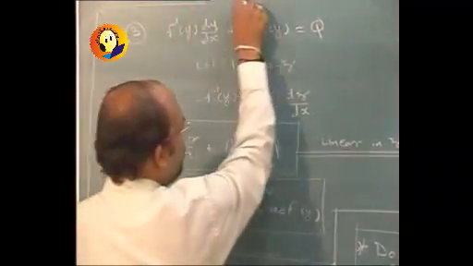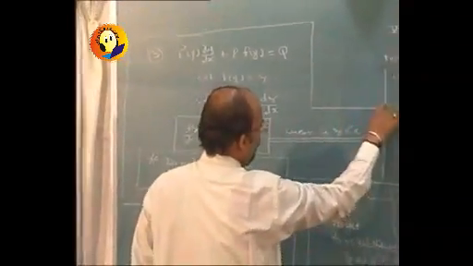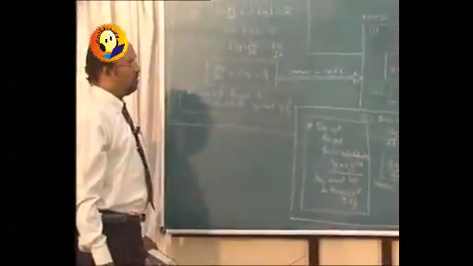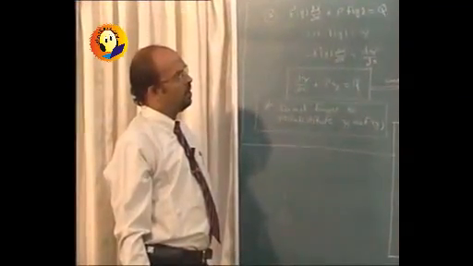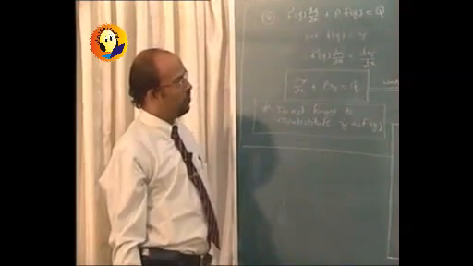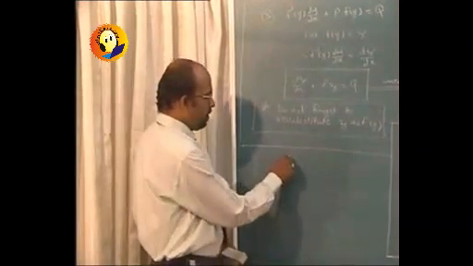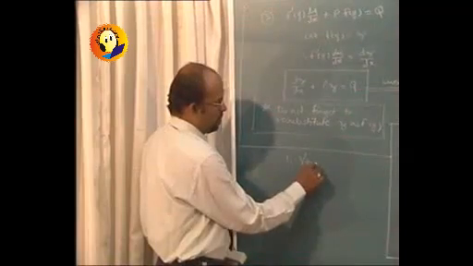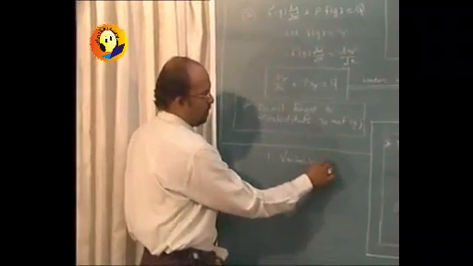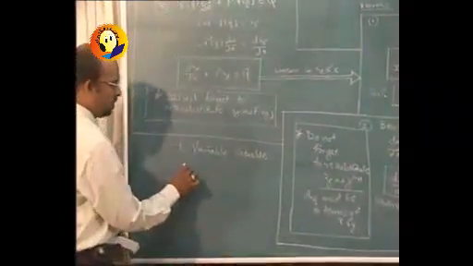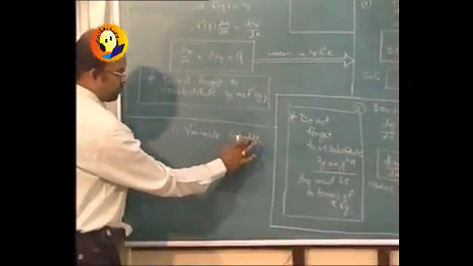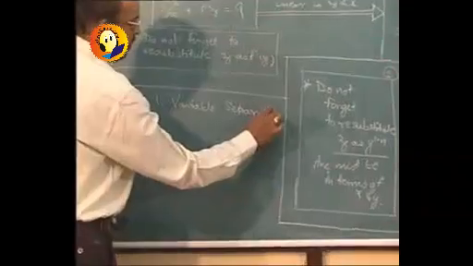And after checking form number 1, form number 2, form number 3, and the methods so far: variable separable, that was our first way of solving the differential equation, variable separable.